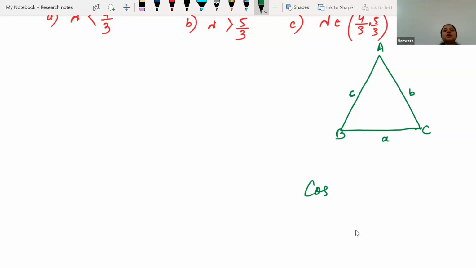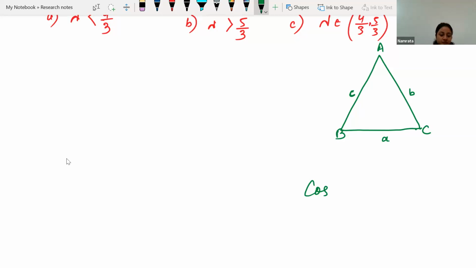Usually whenever we talk about sine, cosine and all the trigonometric ratios, we talk about the right angle triangle. But what if a right angle triangle is not given? Then we have the sine formula and the cosine formula. Here we are going to use the cosine formula. In class 11 you will get to know about that cosine formula.